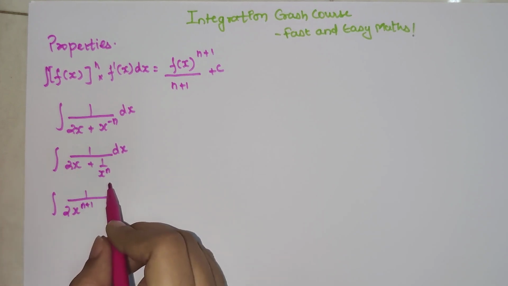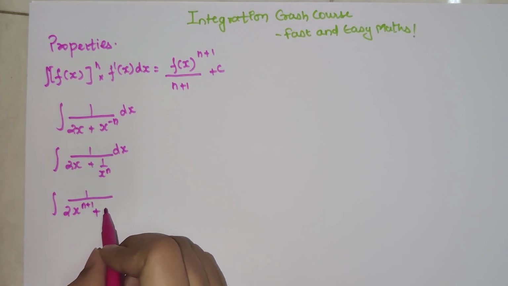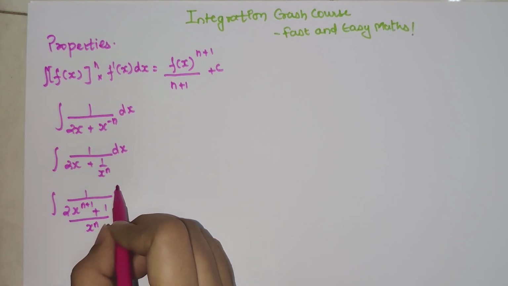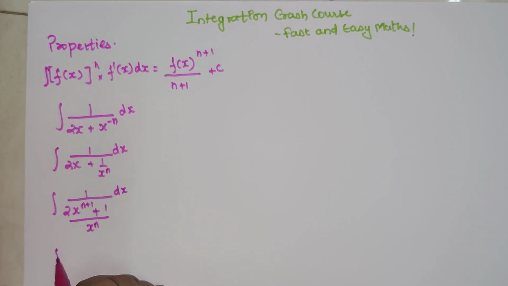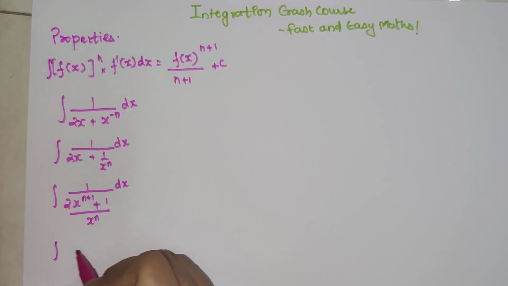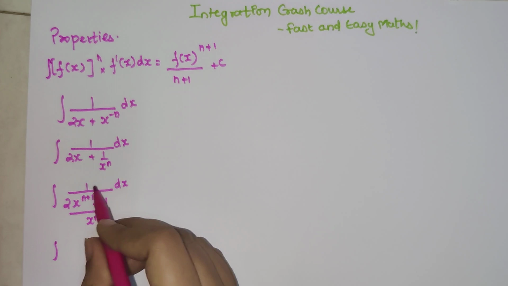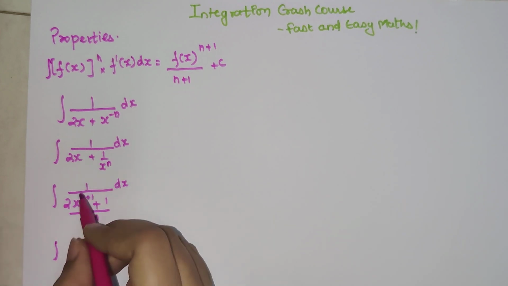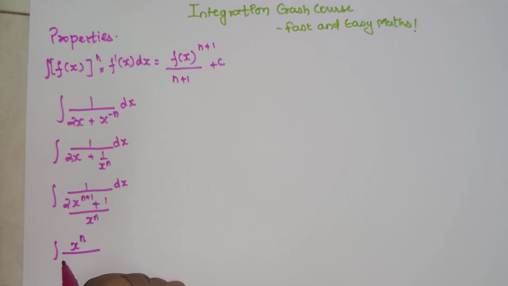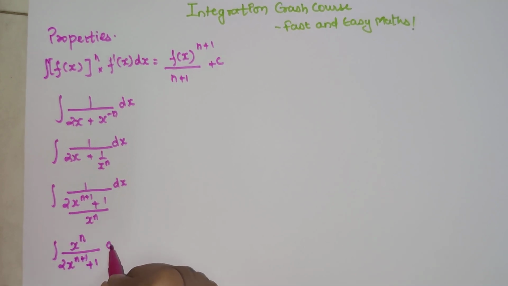Because x into x raised to n gives x raised to n plus 1, the whole upon x raised to n dx. Now this is a complicated fraction, so we'll keep it in a normal way. You will shift this x raised to n, which will get multiplied with the 1 in the numerator. So we get x raised to n upon 2 into x raised to n plus 1 dx.